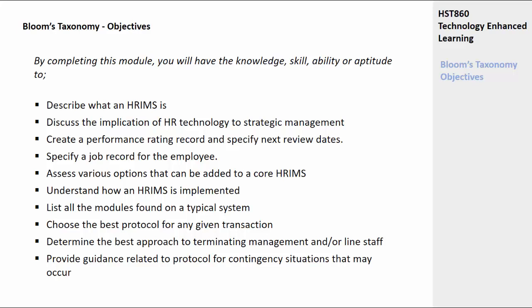Assess various options, I like this, okay, good. So assess various options that can be added to core HRIS. That would be your analyzing and maybe just borderline evaluating. So you can put two. You can put in brackets assessing/evaluating if there's two elements. The other option is to write two different objectives, right?